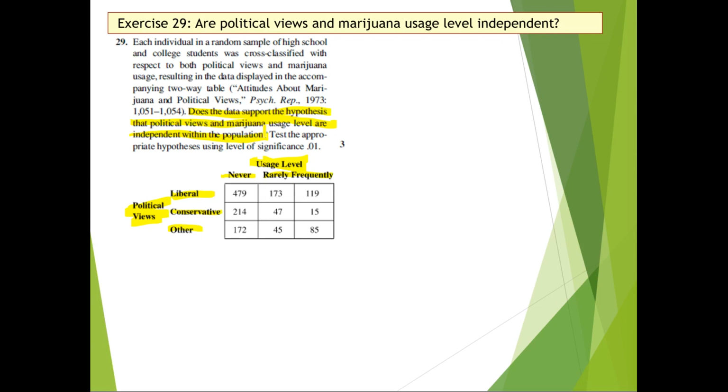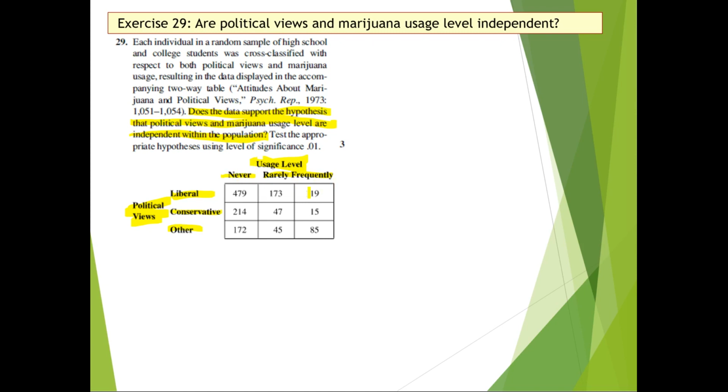But the point is, does there seem to be the same distribution of usage level for each one of the political view categories? Because that would mean there's not really a difference. But if there is a relation between the political view and the usage level, we expect different distributions of proportions over the different categories of political views. So we expect differences in usage level for the different political views.